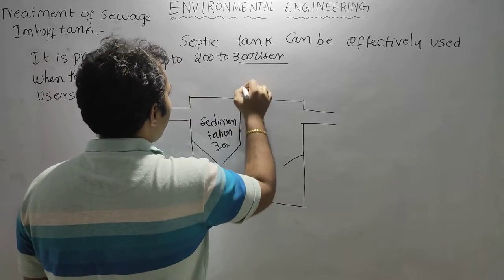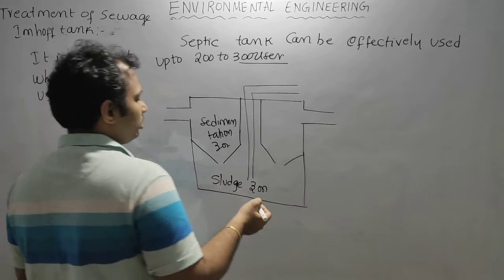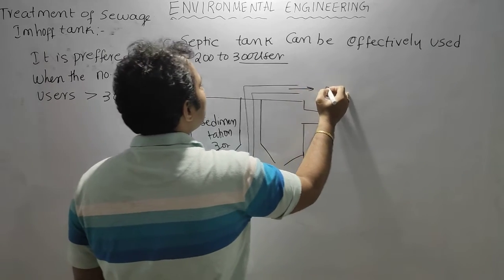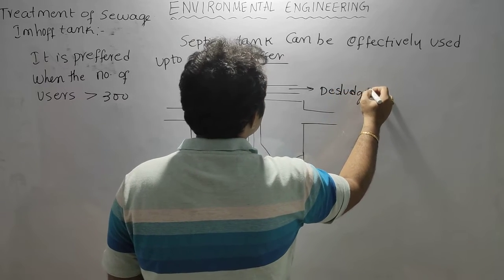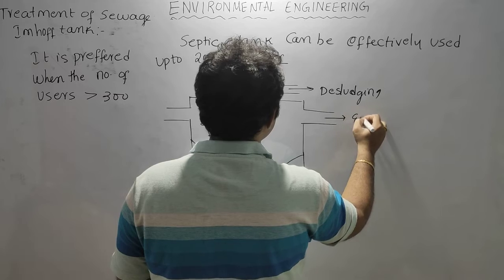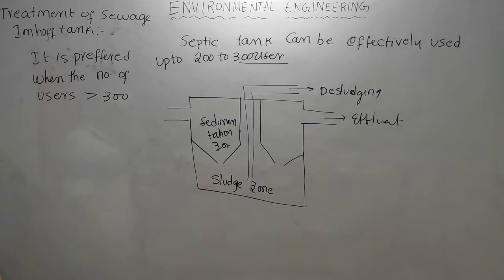This gap is provided for desludging. So this is the effluent. Likewise, inside the septic tank we are separating the sludge zone and the sedimentation zone. That is nothing but the Imhof tank.